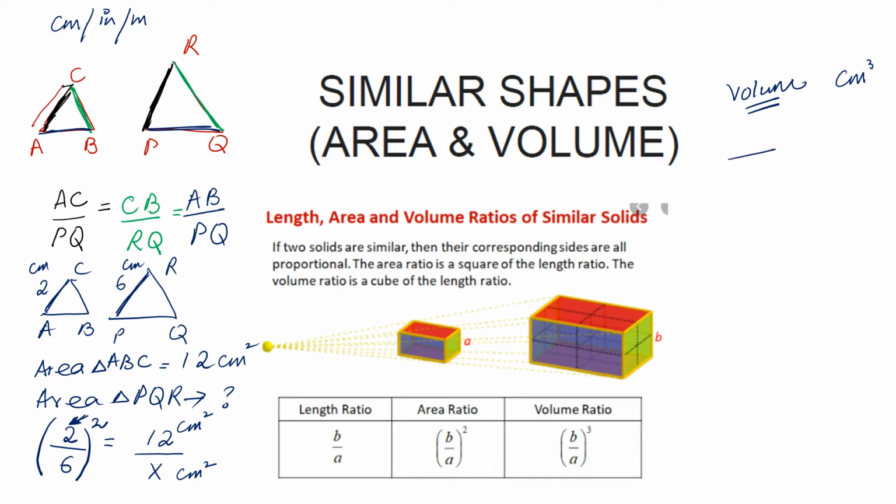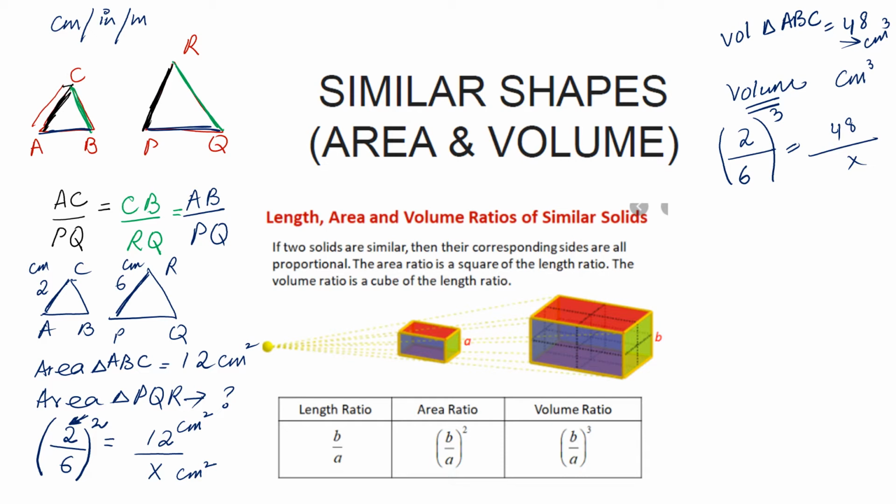So if two sides are given in the form of the ratio 2/6, and the volume of one of the triangles, for example ABC, is given as 48 centimeter cube, and you have to find the volume of the triangle PQR, here you will write 48 and here you will write X. Now volume has cube units, so you will cube the sides to make them equivalent to each other.